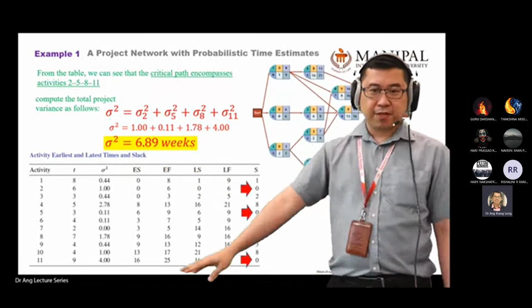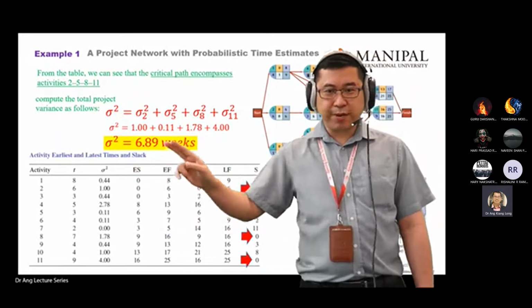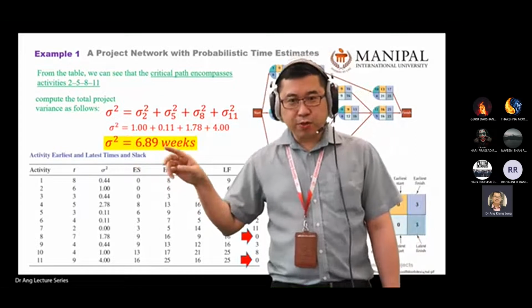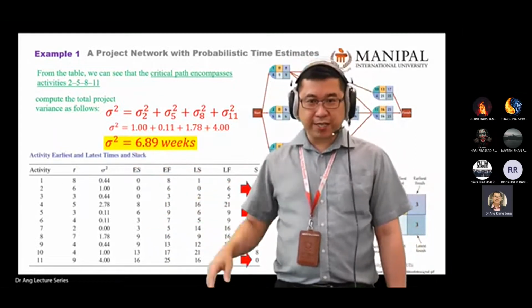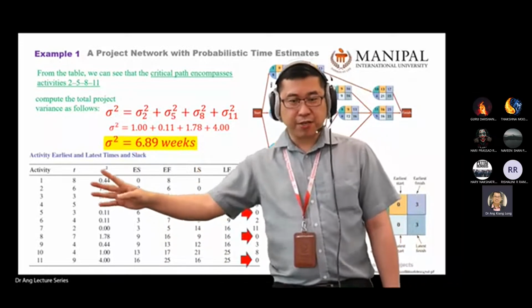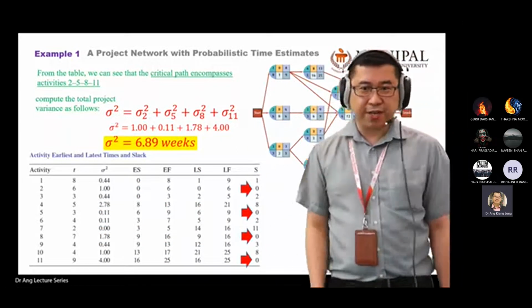Okay, so it's good. Your work can be completed below 6 weeks, but if your activity finishes more than 7 weeks, you have to start to worry because something will go wrong in your forecast, in your planning already.